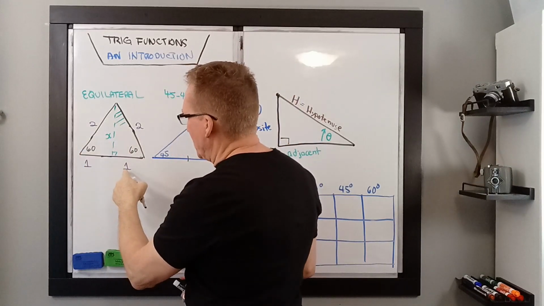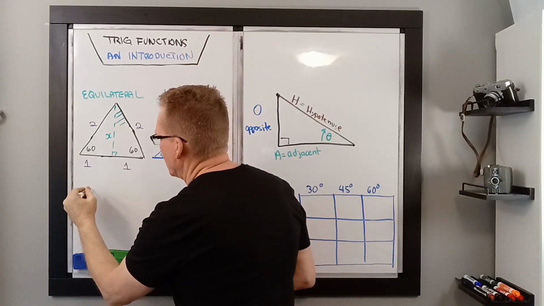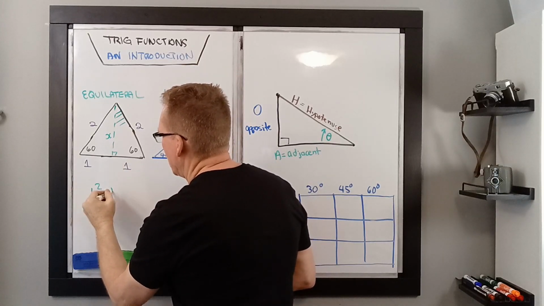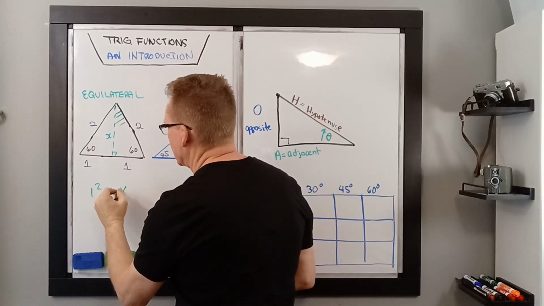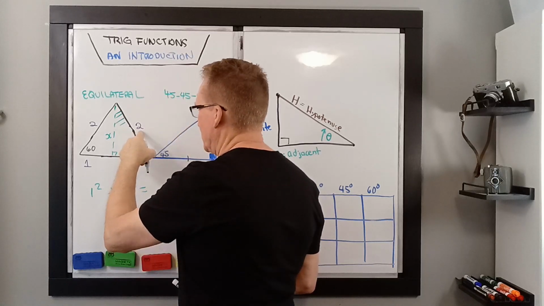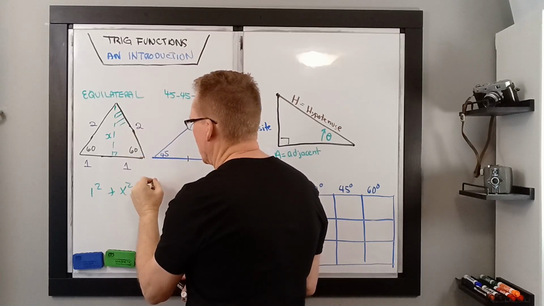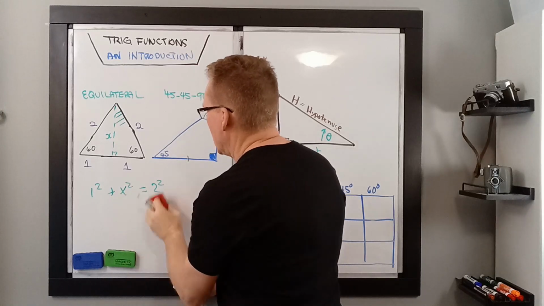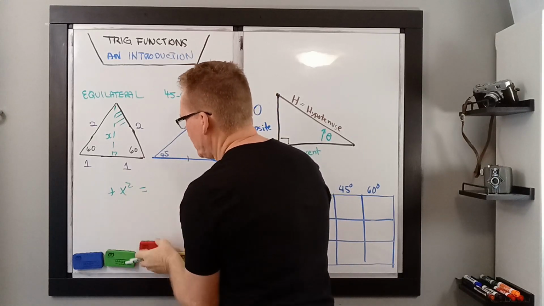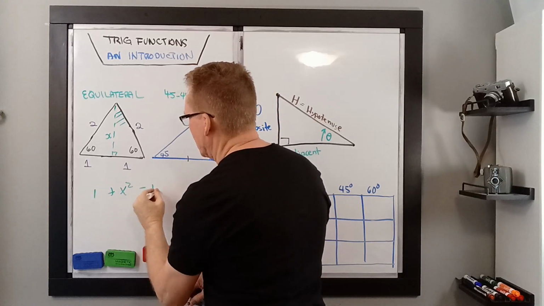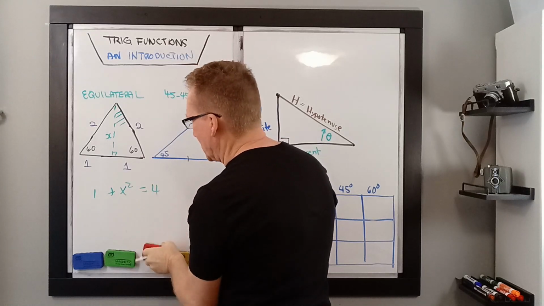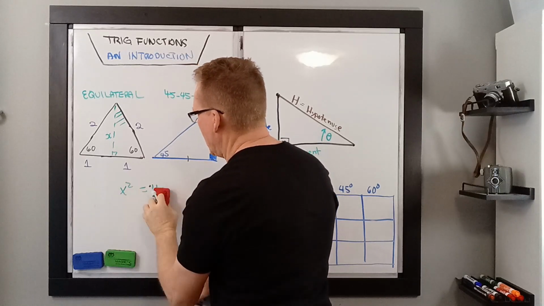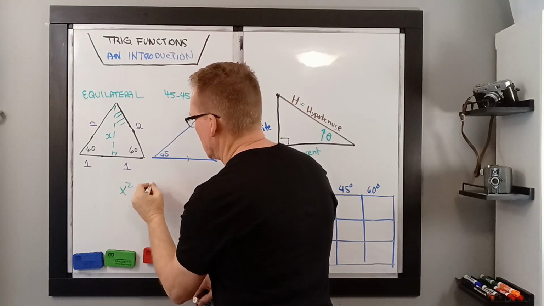Use Pythagoras' theorem: 1 squared plus this length, x squared, is equal to this length squared, 2 squared. So that's 1 plus x squared is equal to 4. Subtract 1 from both sides, and we have x squared is equal to 3.